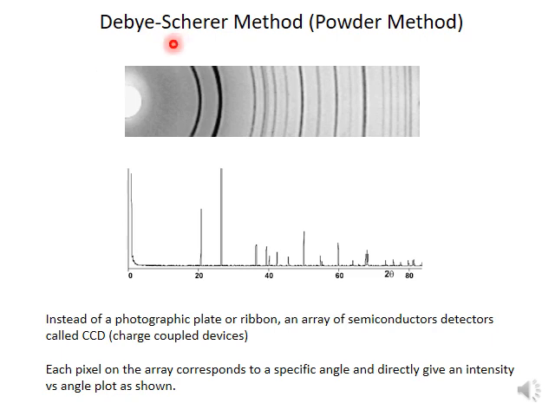So instead of a ribbon of photographic plate where this corresponds to 0 degree, and the angle increases as you go, instead of these rings, what you get in a CCD array is just an intensity at particular scattering angles. This is also called a spectrum of X-ray diffraction data. So either you get rings like that and you analyze the rings, or you get such a line-like spectrum.